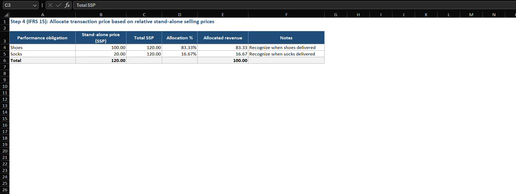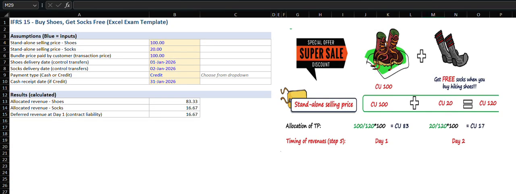Let's try to understand IFRS 15 through this example. Here is the input tab. Here we have defined the basic assumptions of this example. The standalone selling price of a shoe is 100 and the standalone selling price of the socks is 20.